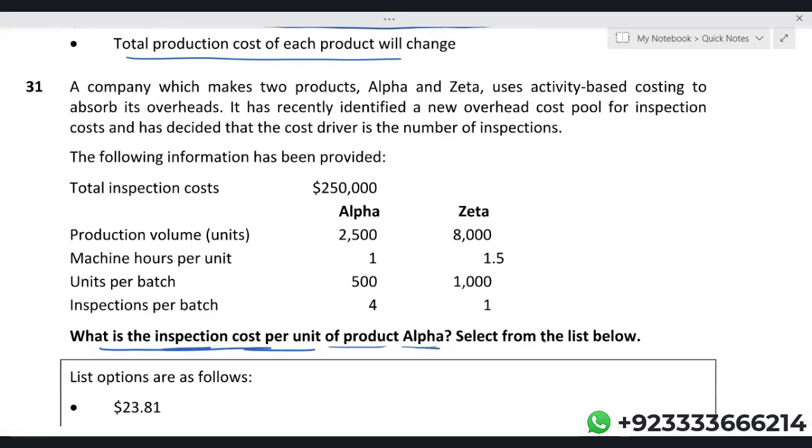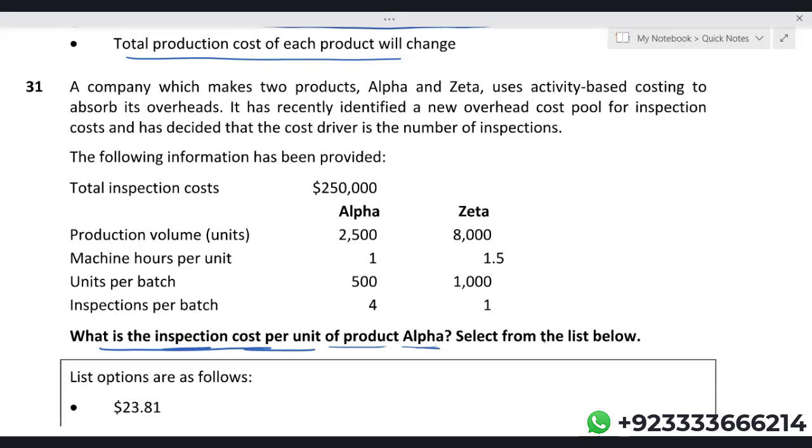If we calculate the total inspection cost which relates to alpha, then dividing by the total number of units of alpha will give you the per unit inspection cost. So the main thing is we need to calculate the total inspection cost which relates to alpha.